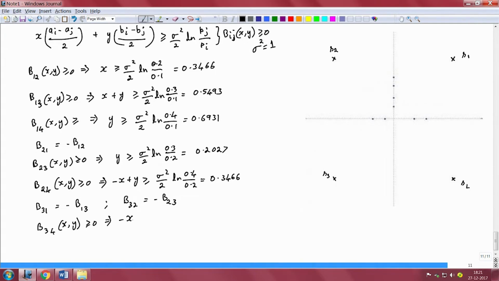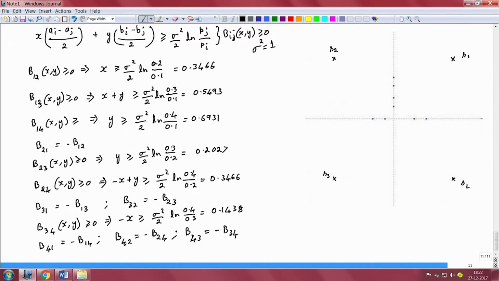So, you will have minus x greater than or equal to sigma square by 2 logarithm of 0.4 by 0.3, which is 0.1438, and for 4 it can be computed from the remaining boundaries. So, we have 4 1 is minus b 1 4, b 4 2 is minus b 2 4, b 4 3 is minus b 3 4. So, all these boundaries are already computed here.